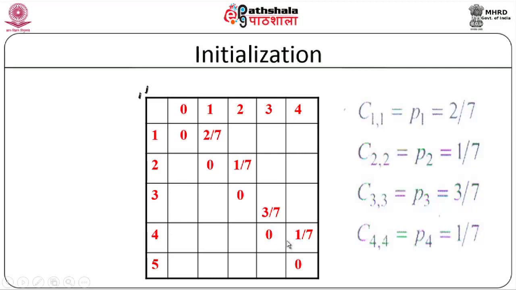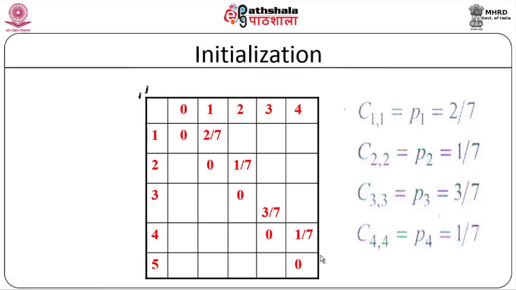This is how the initialization looks, and you can see that 1 comma 0, then 2 comma 1, 3 comma 2, then 4 comma 3 and 5 comma 4 are all going to be 0. Now this is how the initial table is going to look.